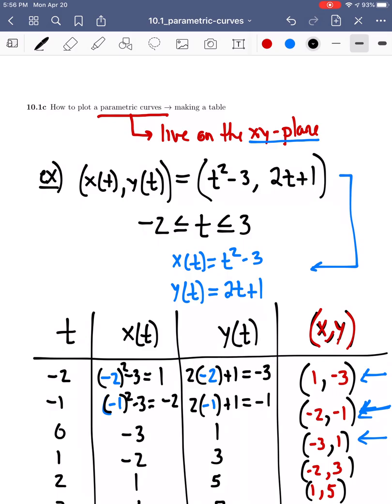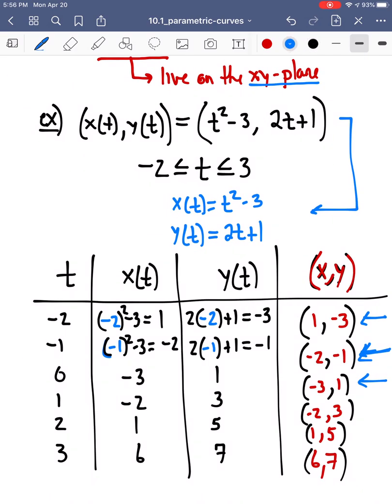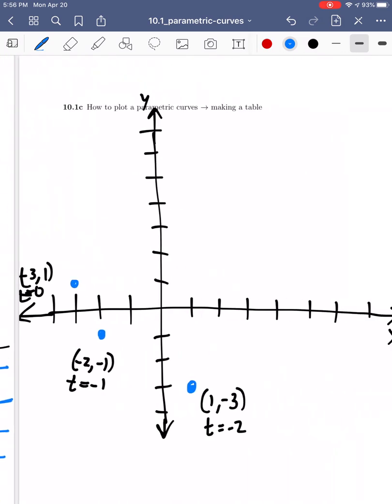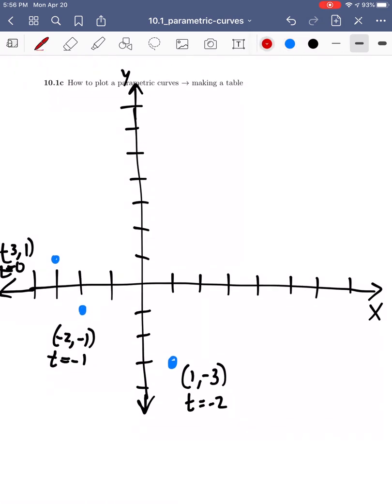The next point, minus 2, 3, happens when t is 1. So x equals minus 2, go over 2 spots, and then go up 3 spots for that 3. And that's when t is equal to 1.